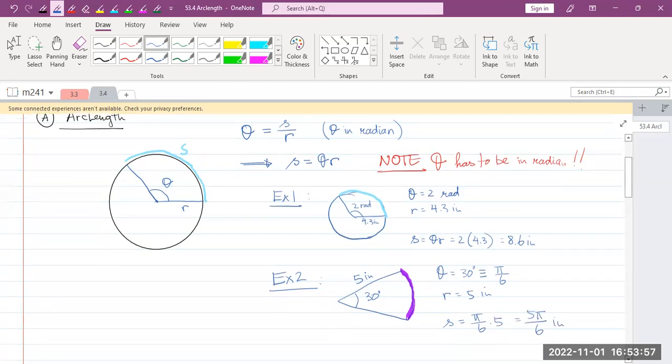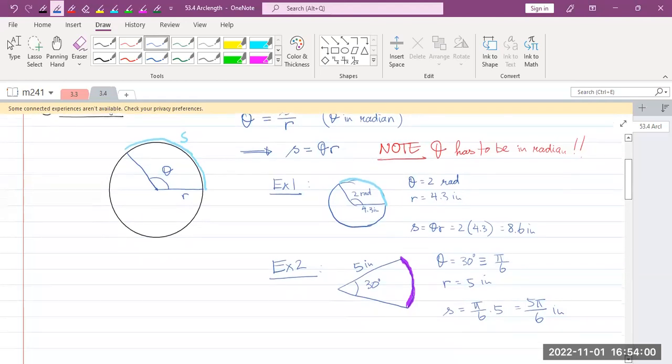That's it. You can just leave it like that. You can use a calculator to replace pi by 3.14 and multiply by 5 divided by 6, which will give you some ugly decimal. That's okay, but in this class and in pre-calculus and calculus, we can just leave the answer in this exact form, 5 pi over 6.